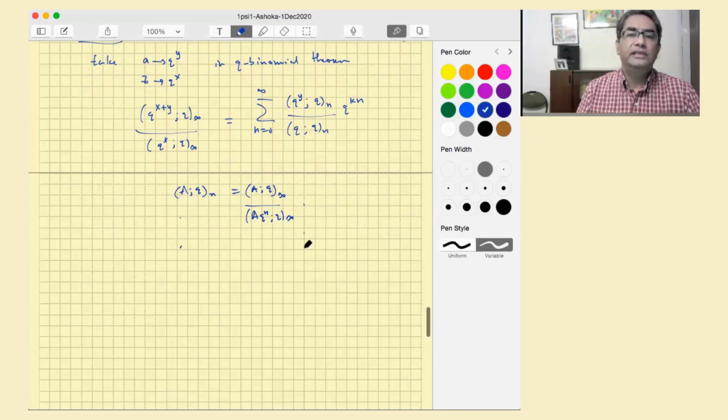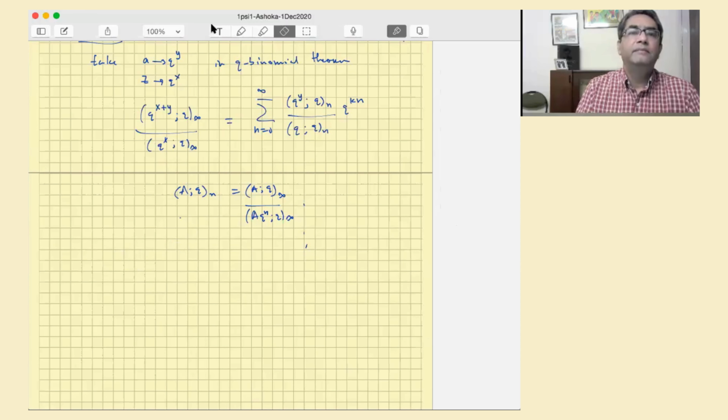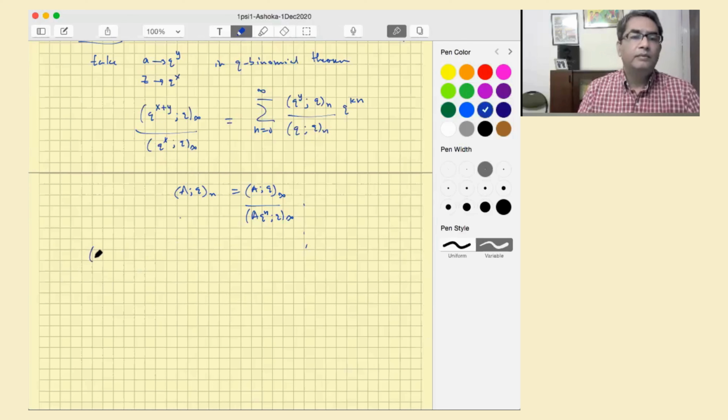So using this, one can simplify and get it to gamma q of, well, let me write an intermediate term first. 1 minus q, (q^(x+y); q)_infinity (q; q)_infinity over (q^x; q)_infinity (q^y; q)_infinity.